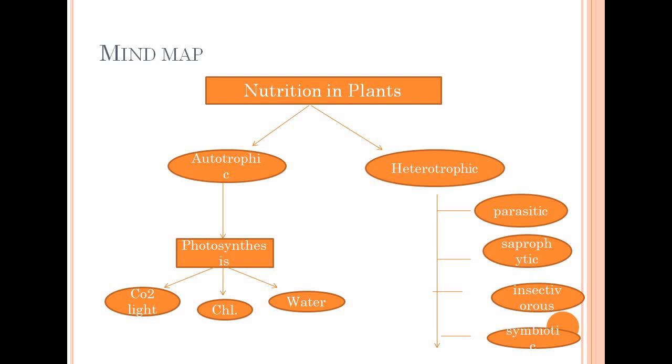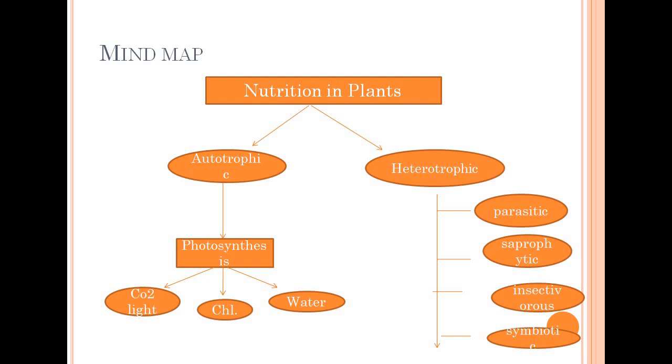Now, if we move to the heterotrophic mode of nutrition, there are four types of heterotrophic plants. The first is parasitic, for example Venus flytrap. The second is saprotrophic, that is the Indian pipe.